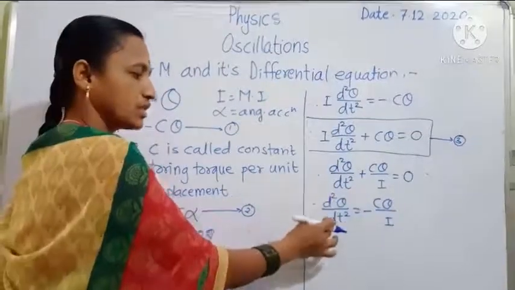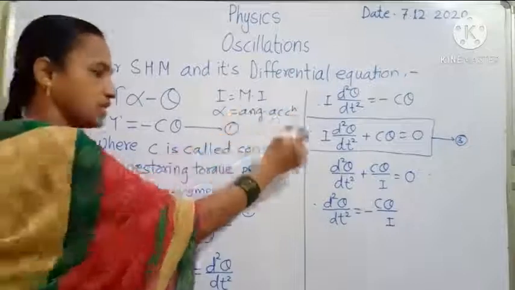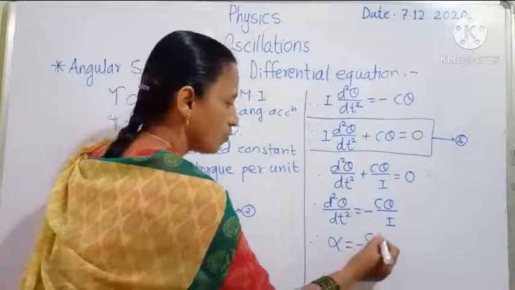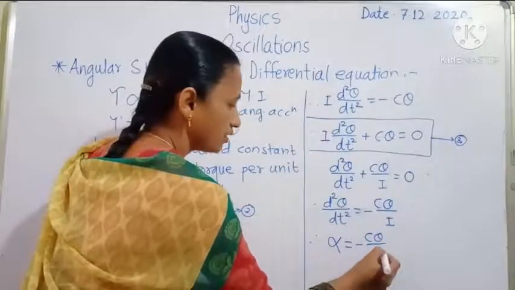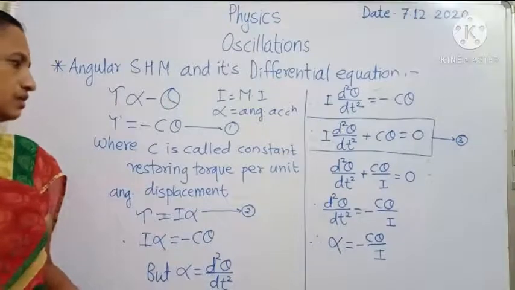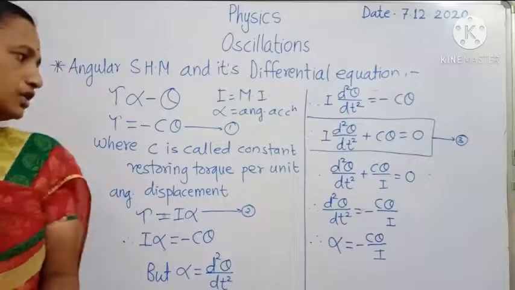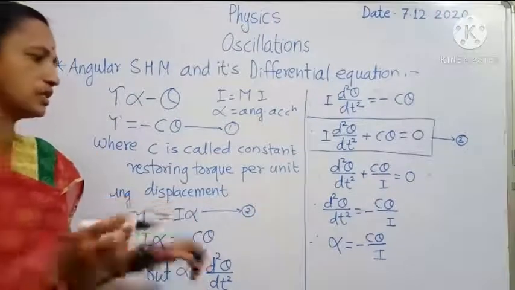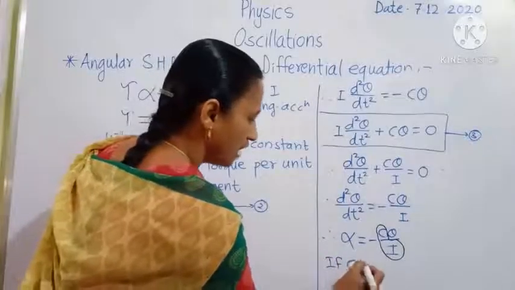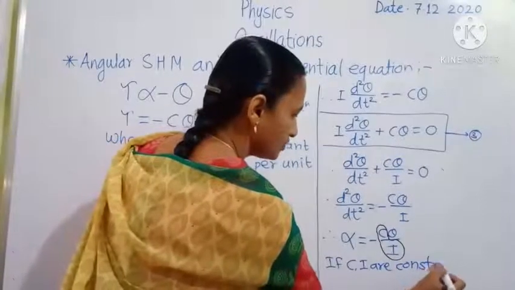This d square theta upon dt square is alpha, the angular acceleration, hence alpha is equal to minus c theta upon I. We know that c is a constant, the restoring torque per unit angular displacement, and I is also constant.